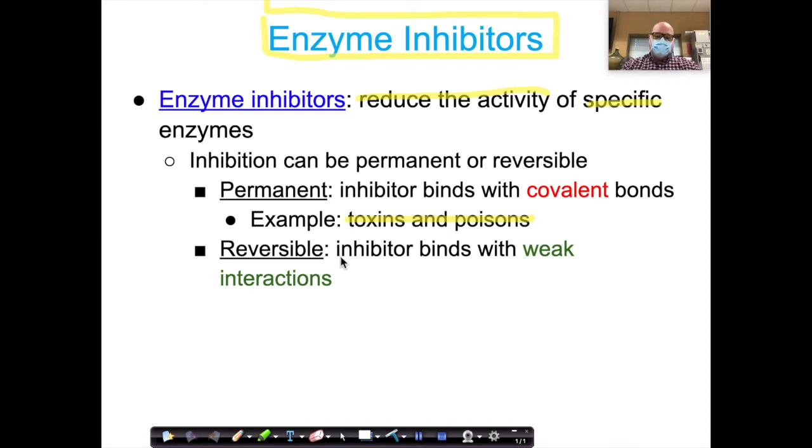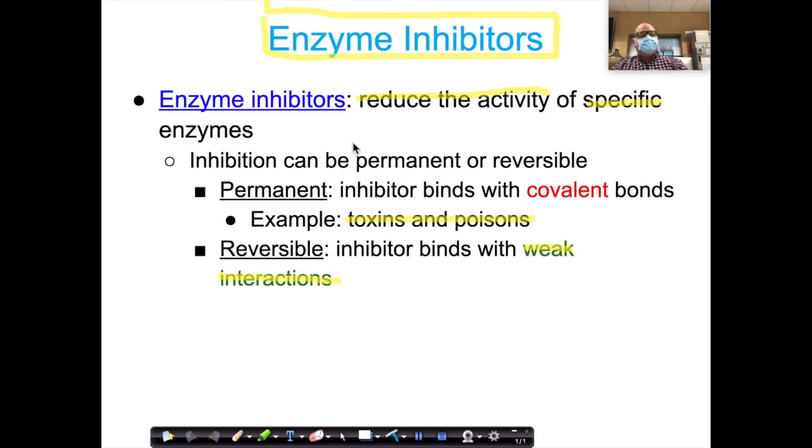Reversible inhibitors have weak interactions. This would be like going around putting tape over all the locks in the school. It's a pain in the butt, but we can pull the tape off and still get the key that goes in the lock.